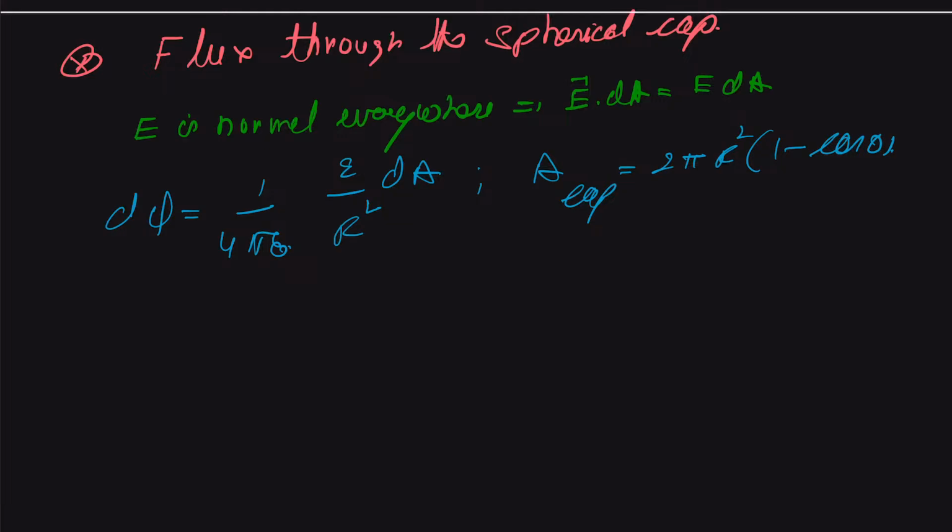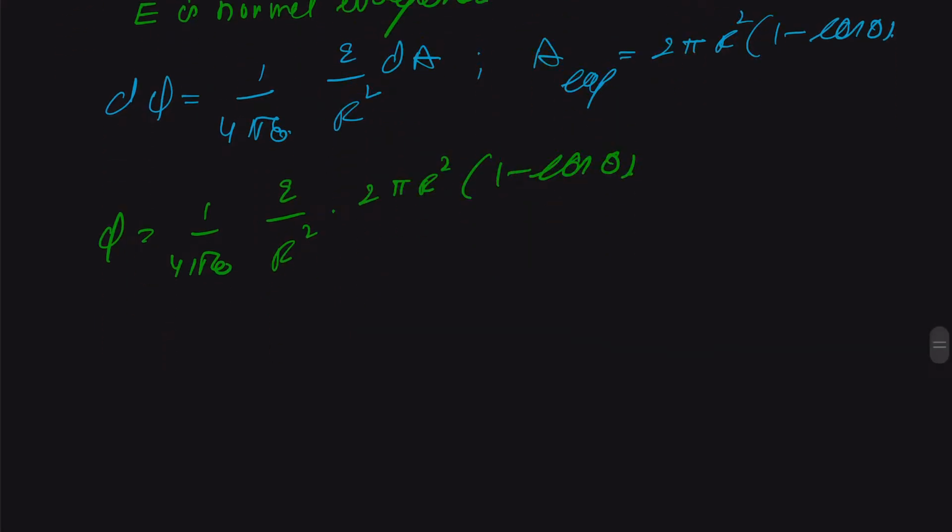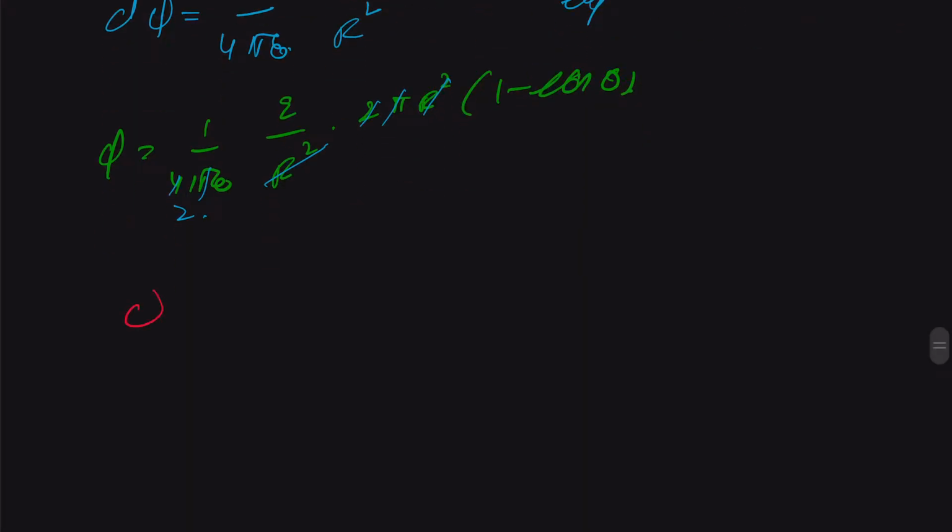We get flux 1 upon 4 pi epsilon naught, Q upon R square, 2 pi R square 1 minus cos of theta, and here R square and pi cancel, 2 goes by 2, so we get flux is equal to Q upon 2 epsilon naught, 1 minus cos of theta.